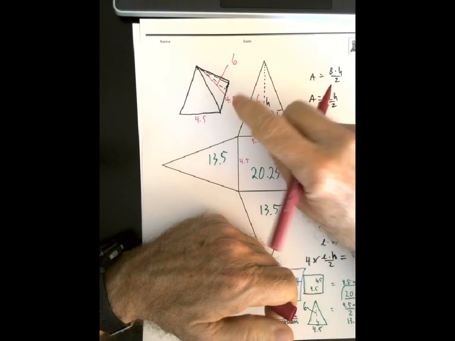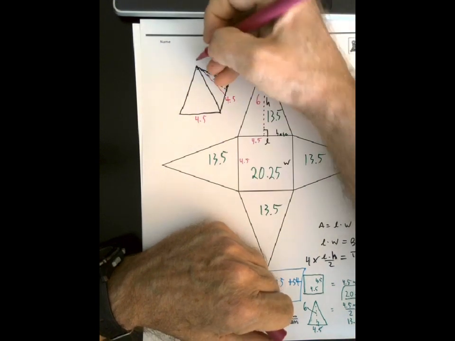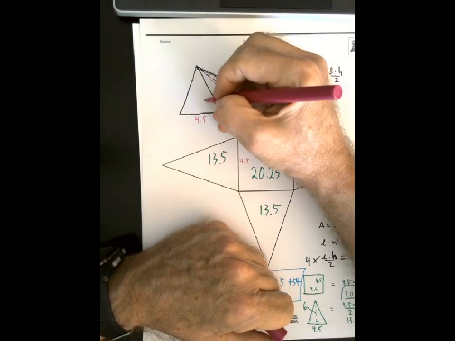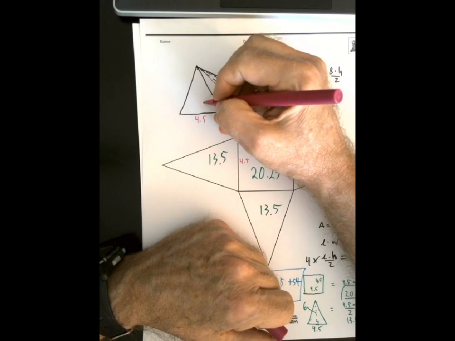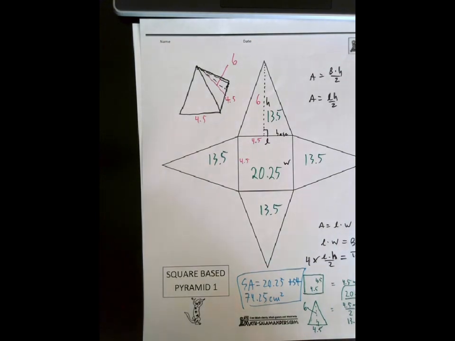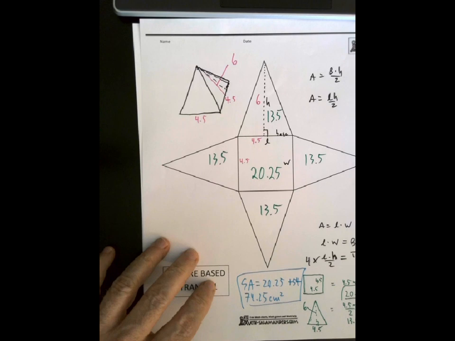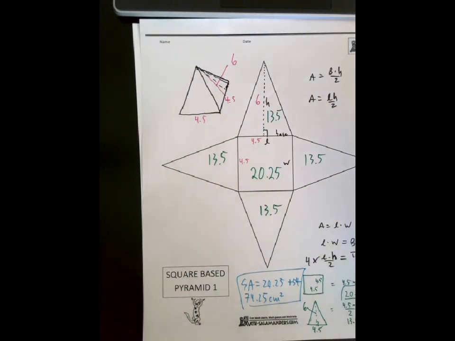So when we do our homework problems, this is how it's going to be pictured to us, not with the interior height, which we need for the volume, but the exterior height, which gives us the area of the triangular sides.